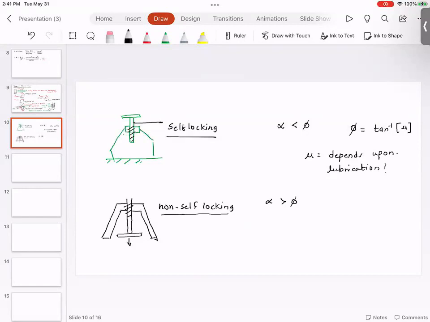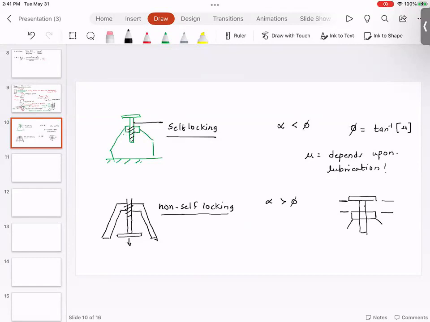Yeah. So if we just see the two screws, can we tell this is non-self-locking and this self-locking? Yeah, it's very easy. For example, if you have a screw something like this, you roll the screw up. So basically turn the screw, raise this platform and let it go. If it's non-self-locking, it will rotate on its own to the point that this thing will touch the base.